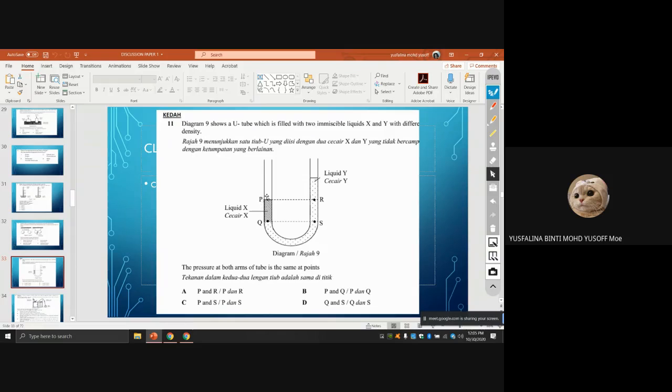P depends on the atmospheric pressure only, but this one is atmospheric pressure plus the pressure of the liquid. So that's why the answer should be Q and S.